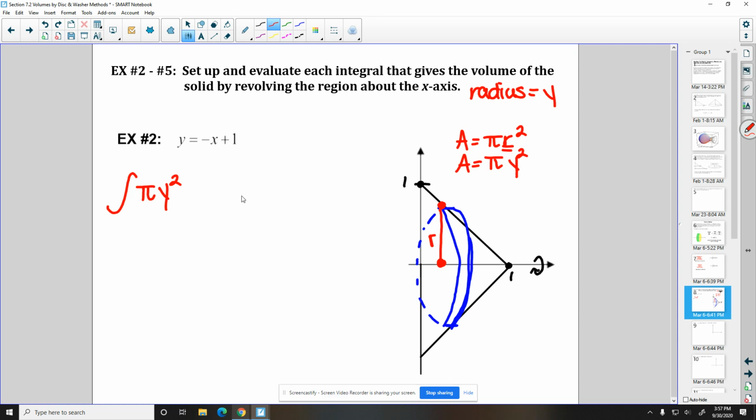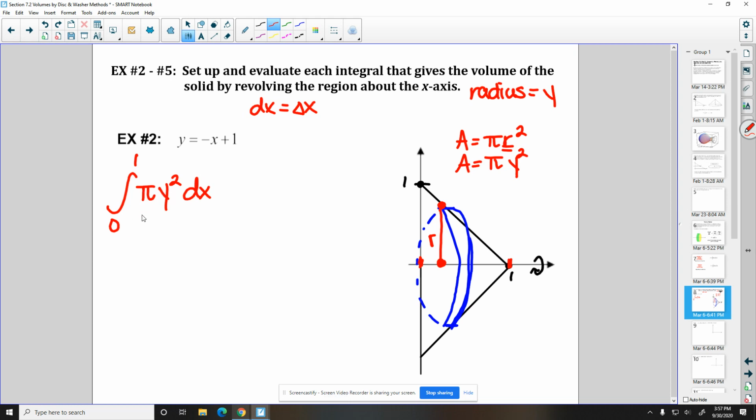The width is actually going to be dx, because dx represents the change in x values, and the change in x values will determine how wide each of these little discs would be. Then we want to have our integral, and we want it to go from 0 to 1, because the x values only go from 0 to 1.